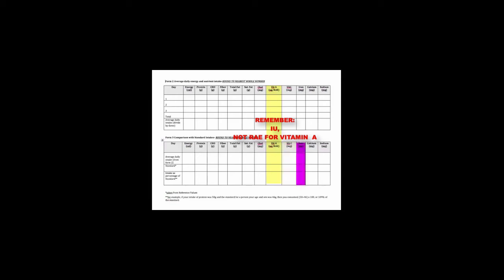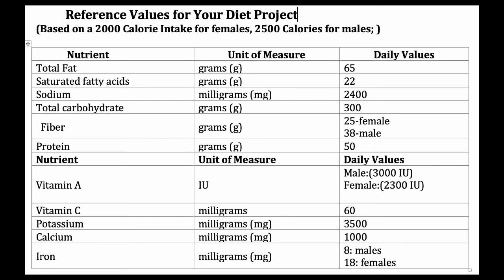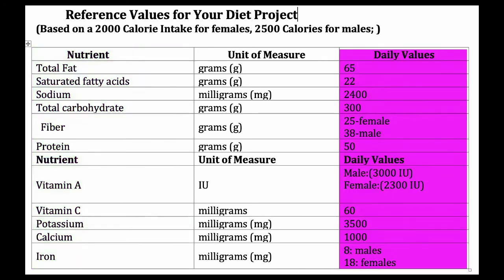How much iron are you getting? If you consumed 500% of the recommendation for sodium, well, when you do the analysis questions, you'll be asked to figure out where the food sources came from. And this is the reference value form that you can use. These are the nutrients on the left, and these are the values that you'll be using.